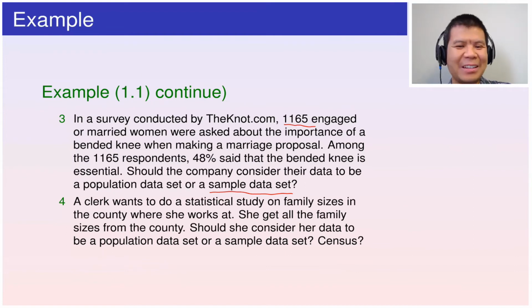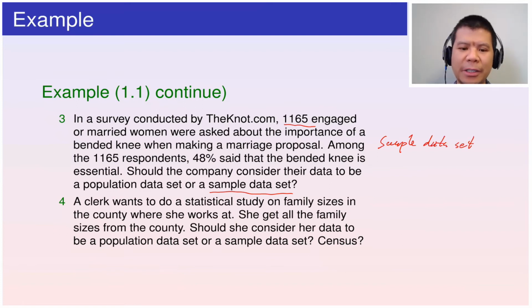So we can clearly see that this is a sample of the population, because they cannot survey all the engaged or married women. They just surveyed 1,165 women. So this data is about these surveyed women, which is a sample. Therefore, the data is a sample data set. Very good.